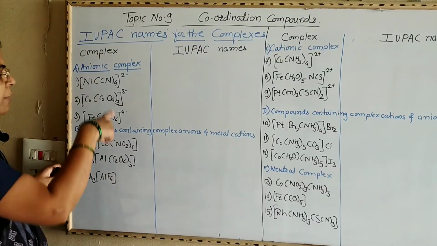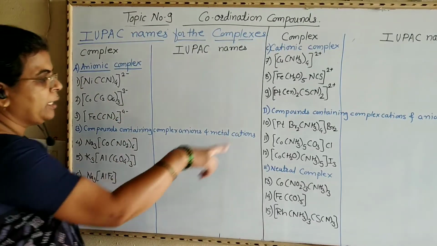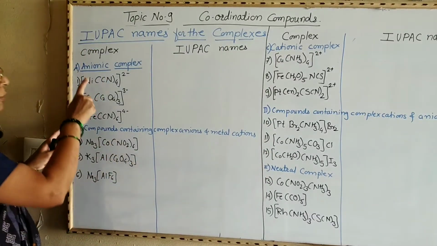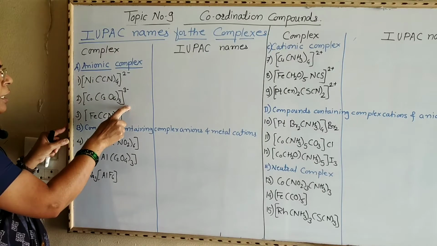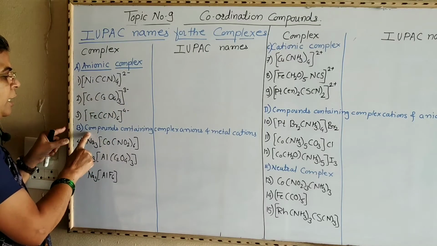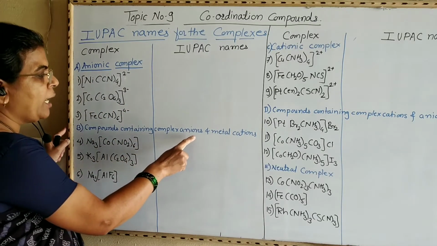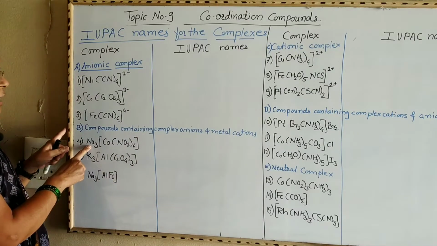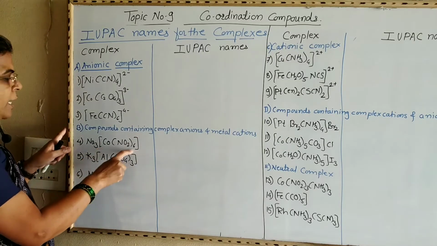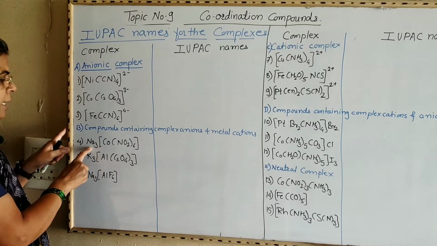Here we have divided all these compounds into 5 categories. First we are going to see anionic complexes, that is, complexes having negative charge. Secondly, compounds containing complex anions and metal cations, where these are the complex anions and these are metal cations.